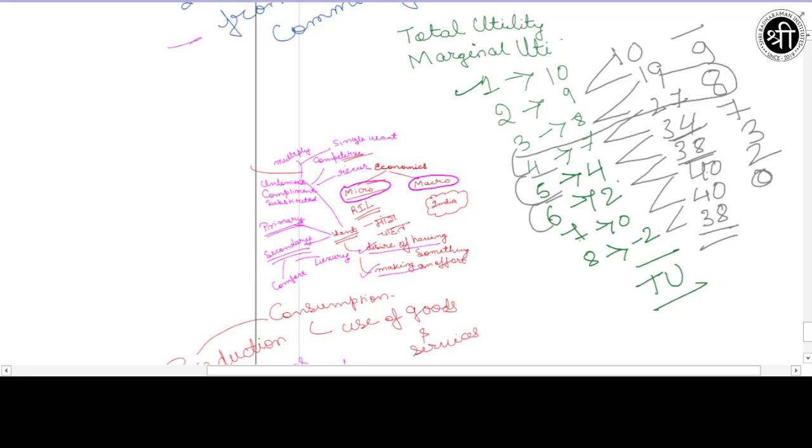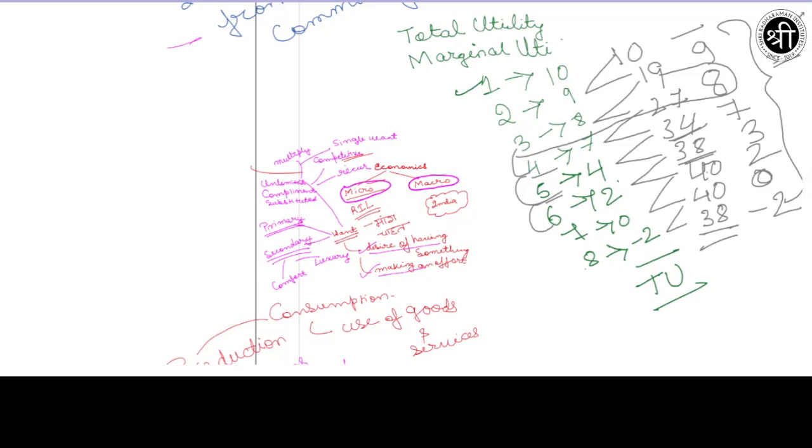And when you move from the 7th to the 8th, you get minus 2, which means 38 minus 40, which is equal to minus 2. So these values which we are getting are nothing but marginal utility.